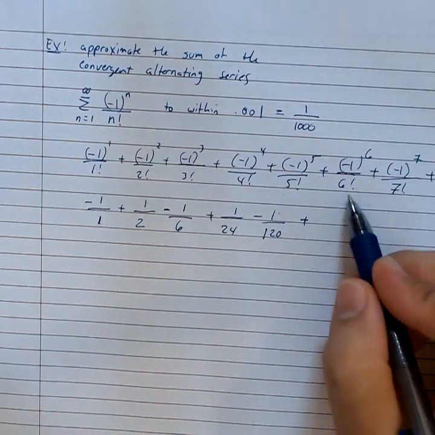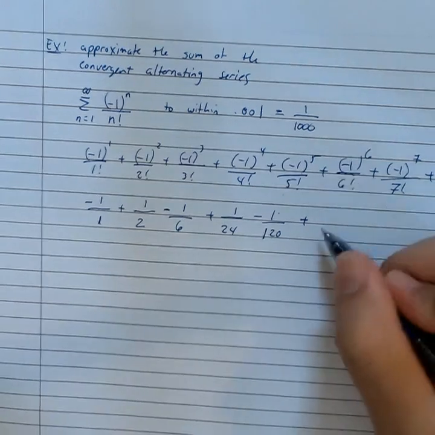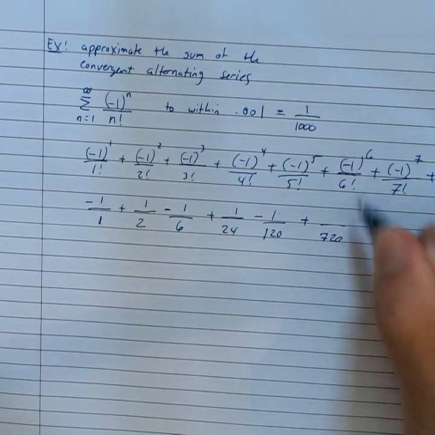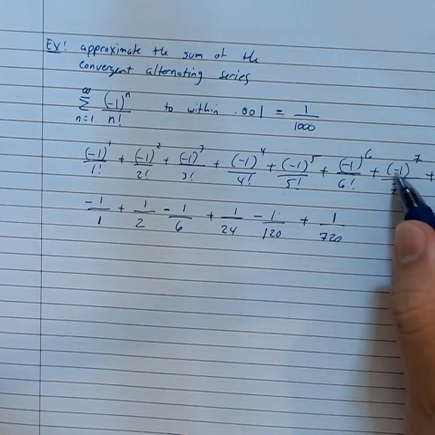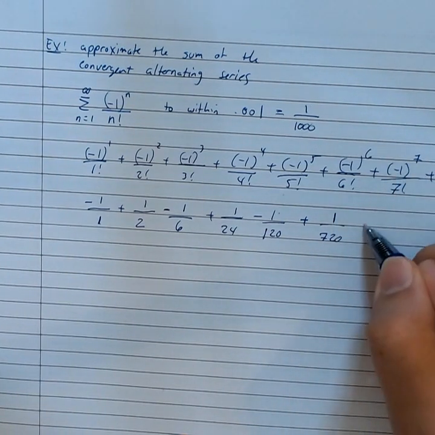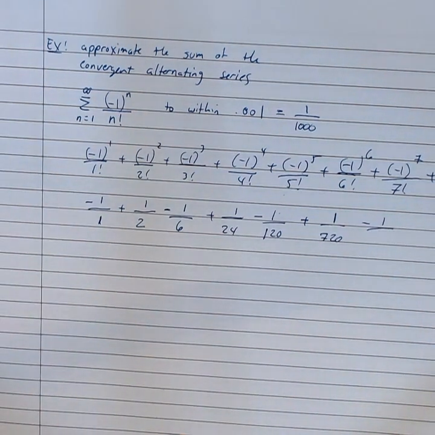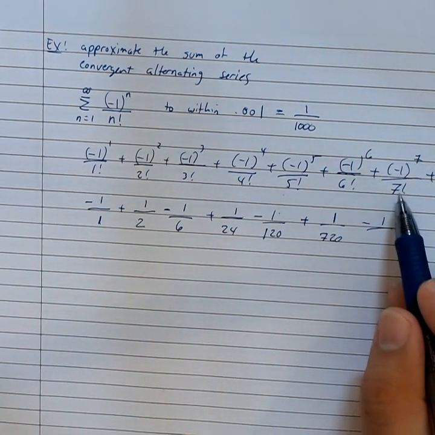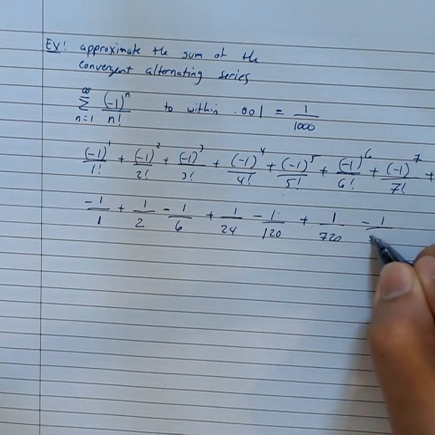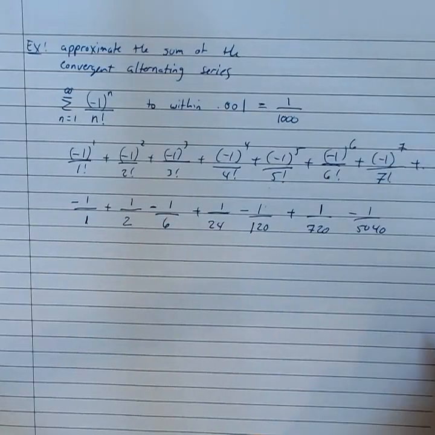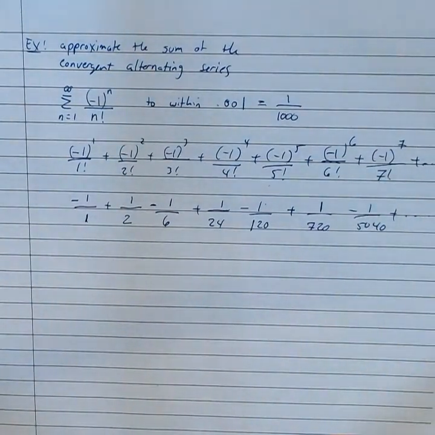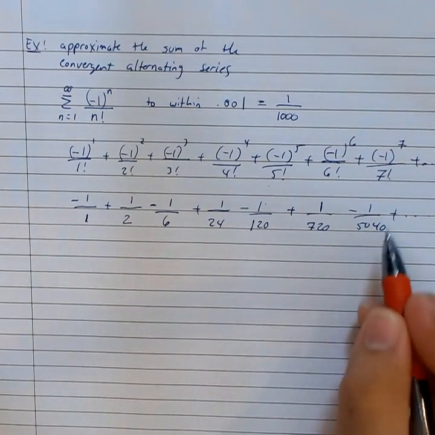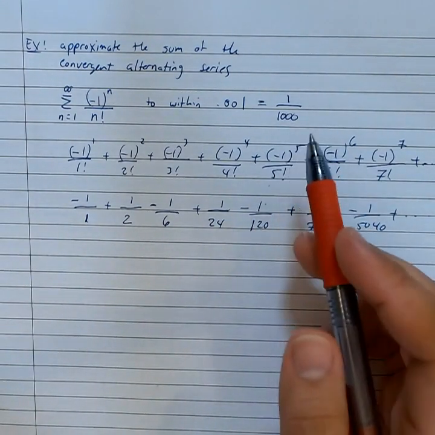If I take 6 factorial, that's 720. Minus 1 to the power 6 is a positive 1. And now negative 1 to the 7 is negative 1 over 7 factorial, which is 5040. There we go. Of course, these terms keep on going, but we finally found a term that is less than the error we wanted.